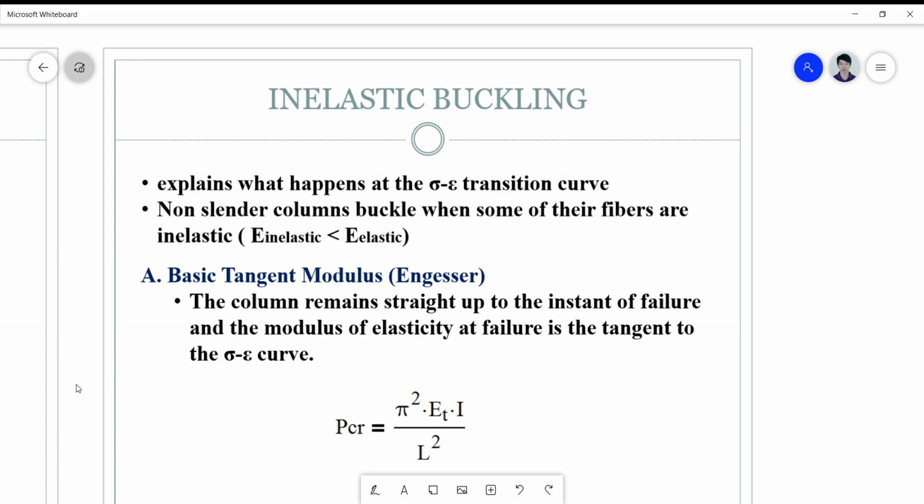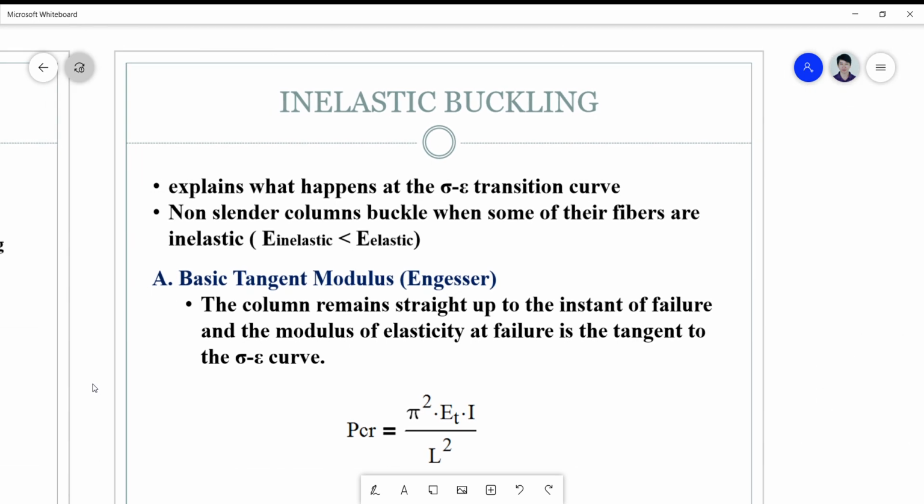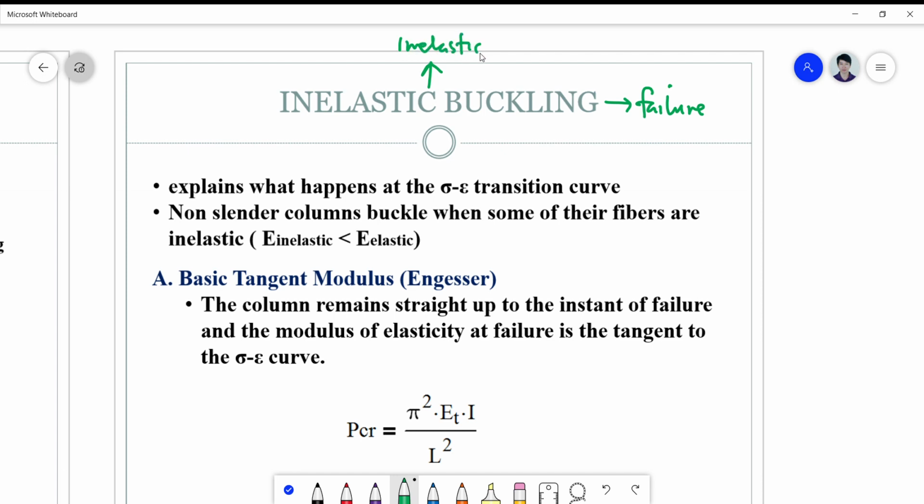So the part in which the drop of the elasticity happens is actually the inelastic stage or mode, wherein inelastic buckling failure may happen. Okay, so this is the failure mode that may happen, and this is actually happening on the inelastic range. So when we're talking of inelastic, we're just talking the range beyond the elastic range, okay, or simply the plastic range.